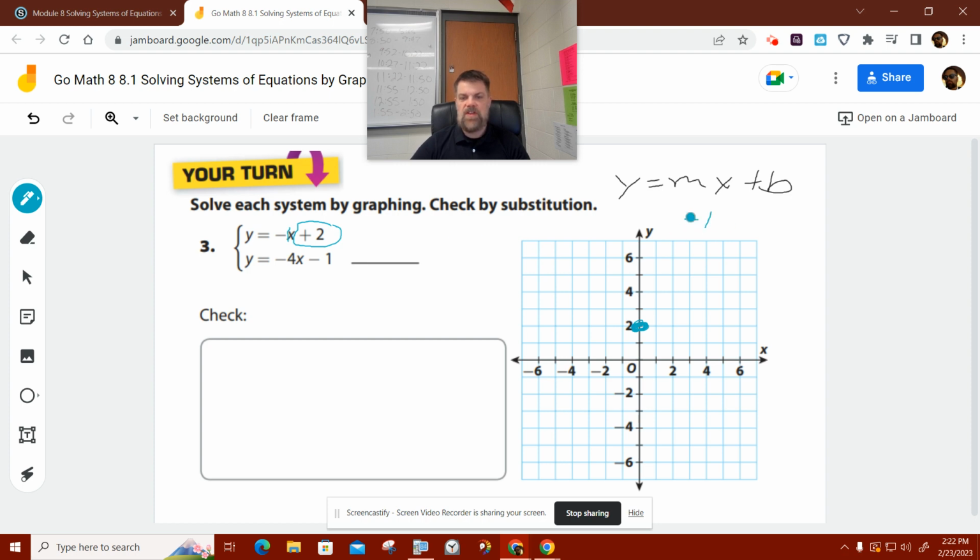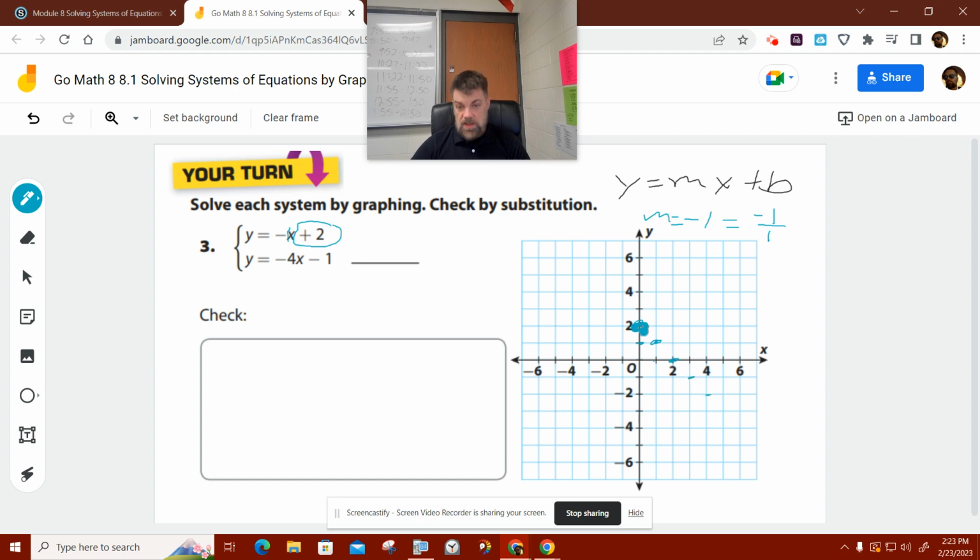But if my slope is -1, isn't that the same as -1 over 1? Yeah, so what does that mean? Yeah, I got to go down 1 over 1.